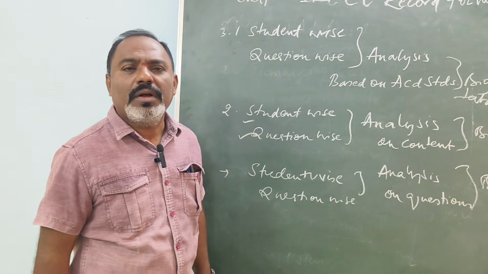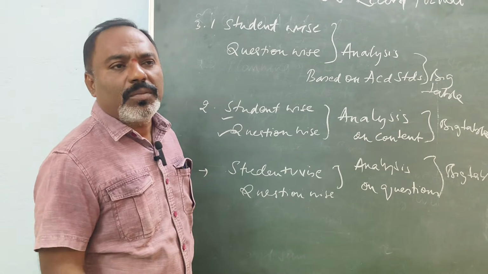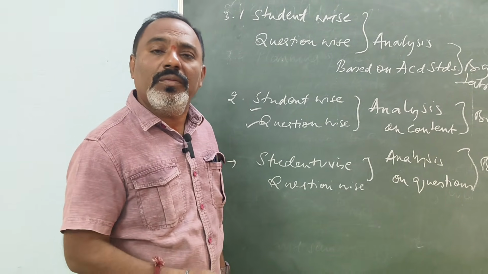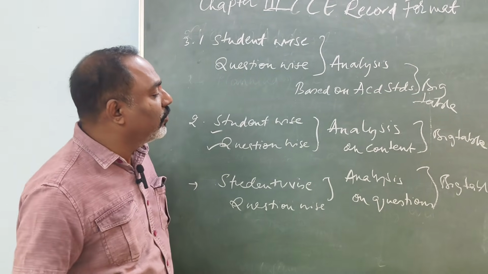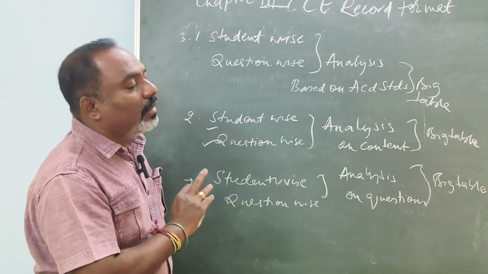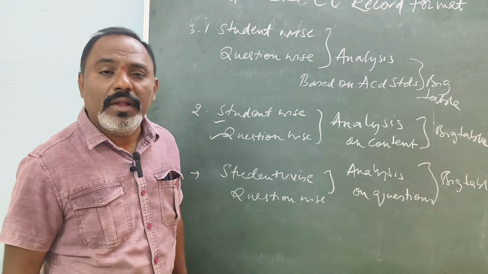Sometimes the academic standards will vary from chapter to chapter. So this third chapter includes particularly this analysis. So three big tables should be included in the third chapter.